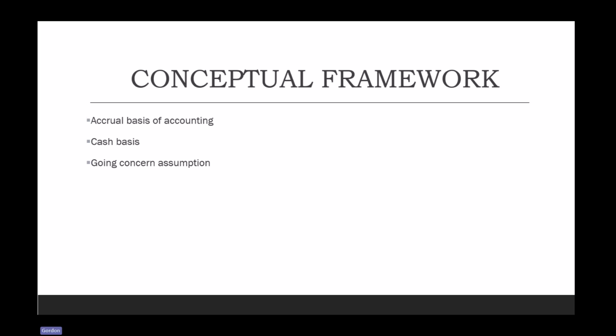Then you prepare the financial statements on the liquidation basis. But until then, the financial statements must be prepared on the accrual basis of accounting.